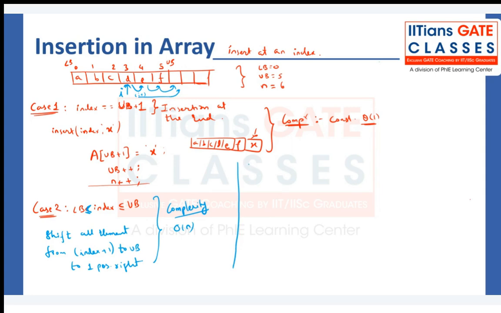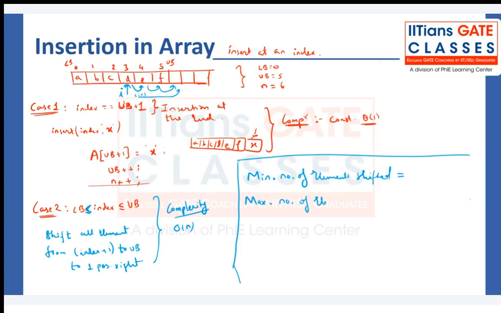Now for the insertion, let's look at the overall complexity. If I tell you, what would be the minimum number of elements shifted? In these two cases, what would be the minimum number of shifts that we need to make? And similarly, tell me what would be the maximum number of elements we need to shift.